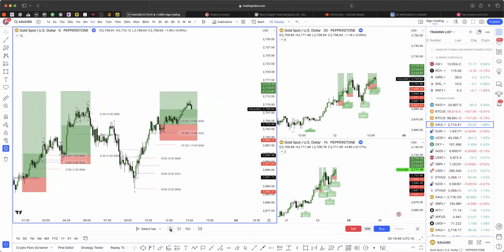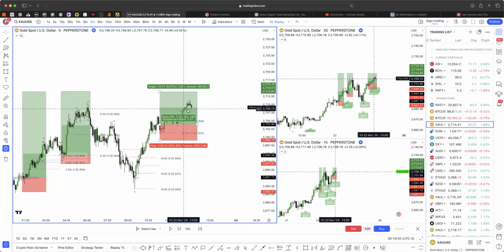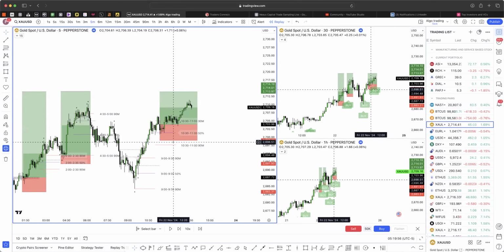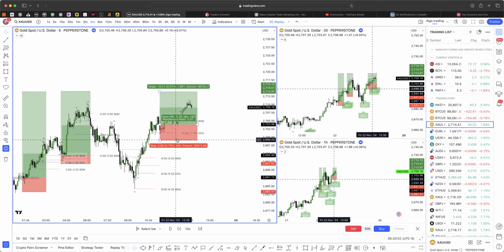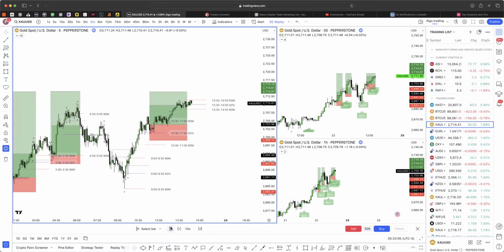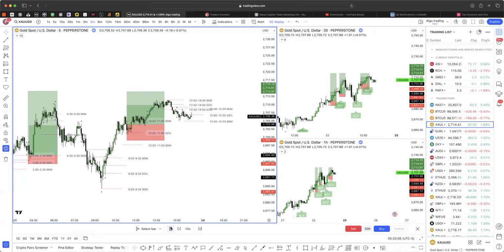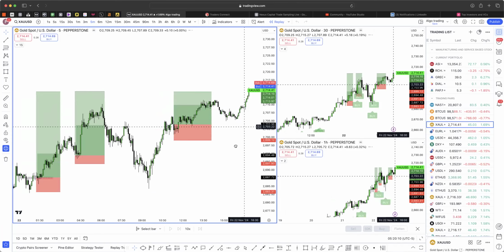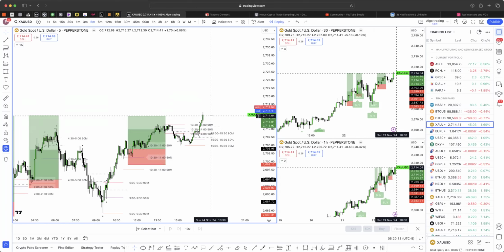I closed my position here, and here's the funny part: I did not expect that, for gold, market close would actually cause a massive rally. Unfortunately for me, it did. So it goes, hits my break even, and then just smashes higher into my TP.